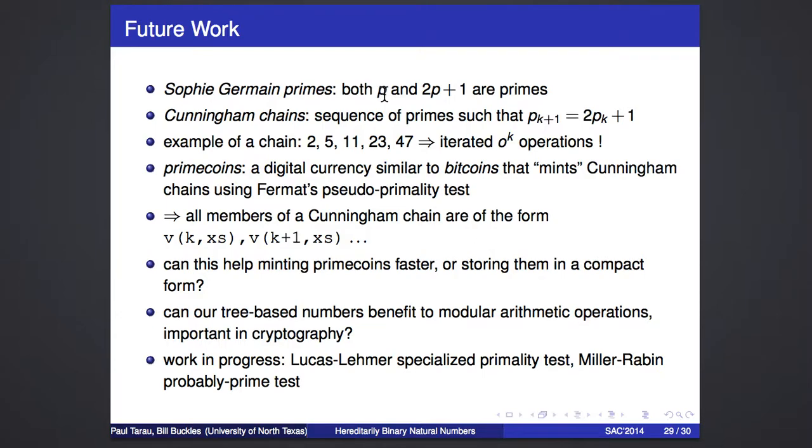Sophie-Germain primes are important for being a special case in Fermat's theorem, actually, that was proved about 100 years ago for the special case. So P and 2P plus 1 are primes.